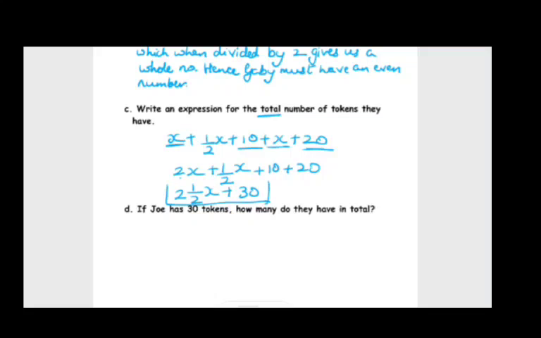Either I write it like that or I make it into an improper fraction. How do you make an improper fraction? You multiply the denominator with the whole number and then add the numerator. So 2 into 2 makes it 4. 4 plus 1 makes it 5. So 5 upon 2 times x plus 30. That's your final answer.